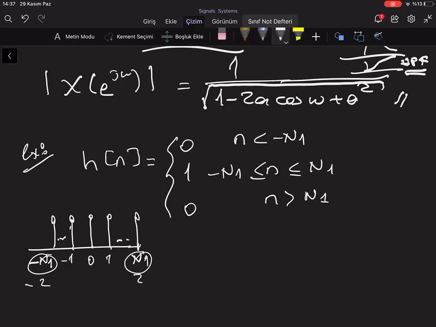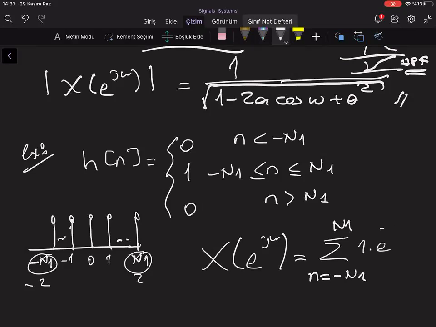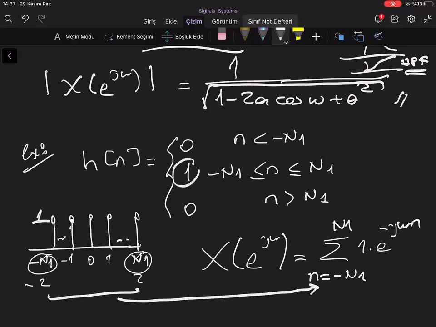Let's do it in a general format. X(e^{j omega}) will be equal to, I will write my formulation again, the sum from minus n1 to n1 of 1 times e to the power minus j omega n. This is my signal, and I put the boundaries of my signal here. The value at 1 will be over here, and then e to the power minus j omega n.